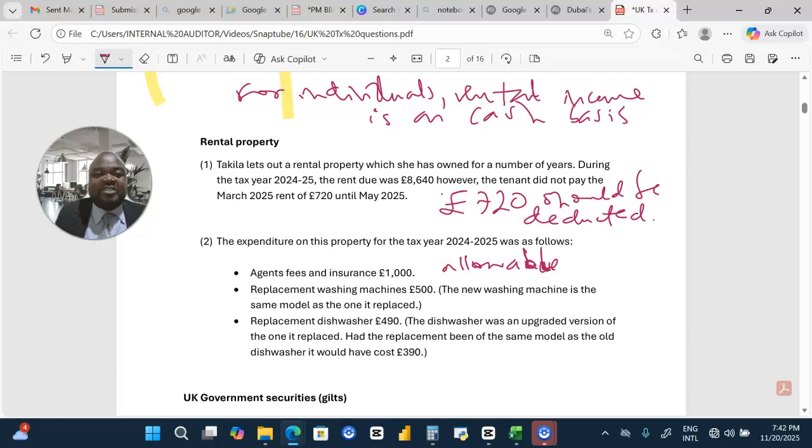Those are allowable expenses. So the deductions are fine, right? All right. So if they were not taken care of by the accountant, it means that you need to deduct them. But if the accountant has already deducted them, then you just simply have to put a zero.